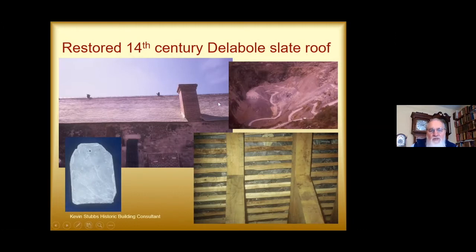And on the roof, you can see slates from the Delabole quarry to recreate the original 14th century roof covering. And these slates are graded from fairly large ones at the eaves line up to fairly small ones at the ridge line. And then you can see there are ceramic ridge tiles, decorative ridge tiles, and finials on the roof line. The chimney here is a later addition in the 15th century.